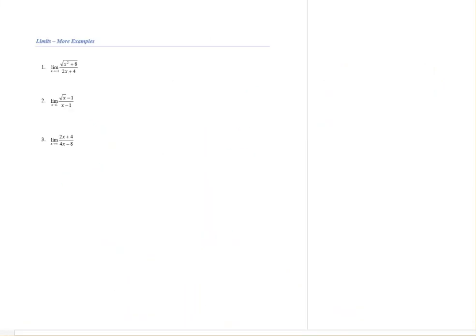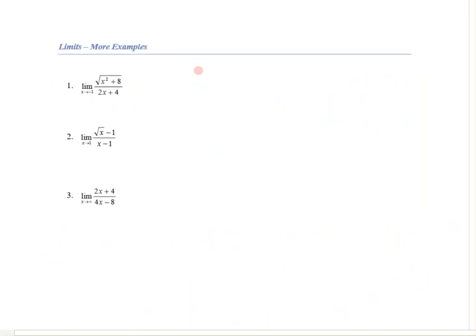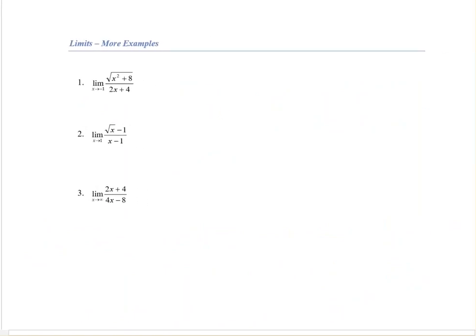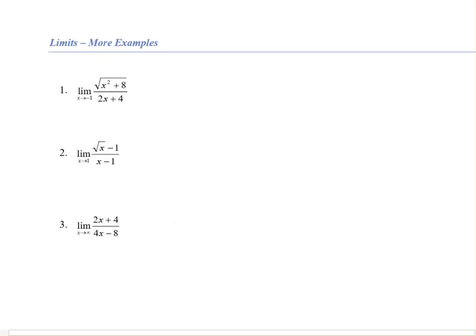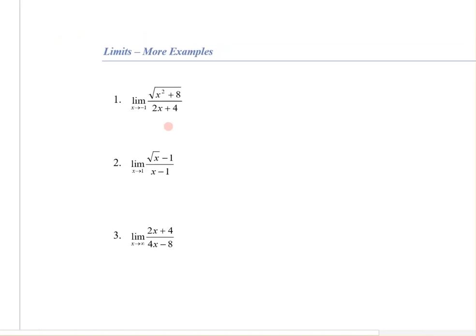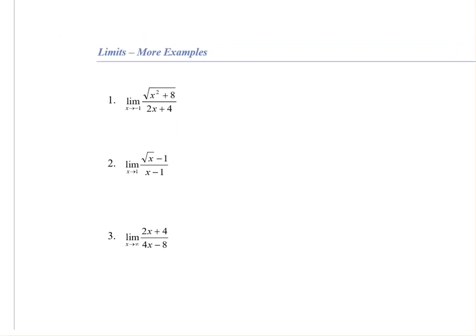Next we're going to do some examples and see if we can solve these problems by using the rules. Let's first find the limit as x approaches negative 1 of the square root of x squared plus 8 over 2x plus 4. We can just apply Cauchy's rules.